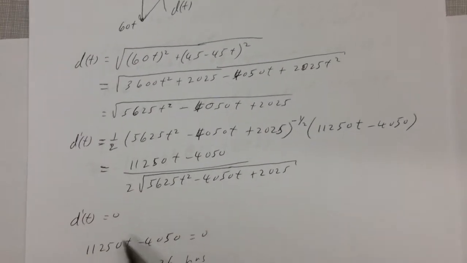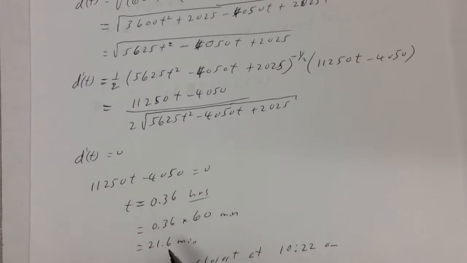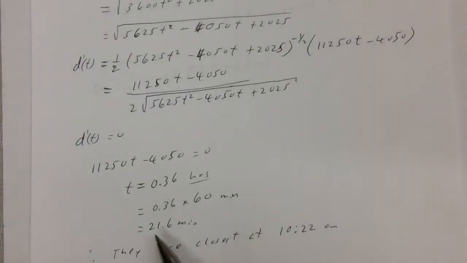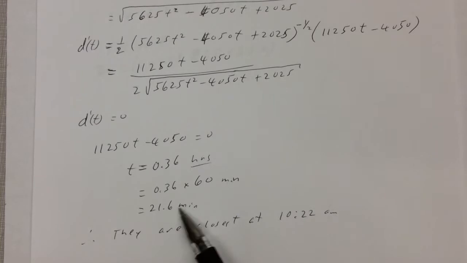We want to set the derivative to 0 and solve for time. And we get time equal to 21.6 minutes. So they are closest at 10:22, because you want to add 21.6 minutes to 10 a.m.